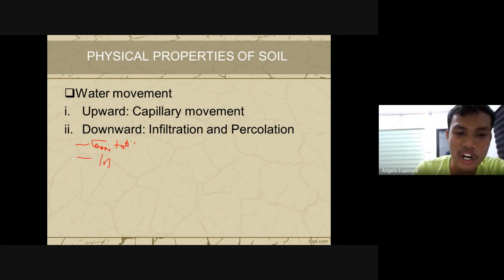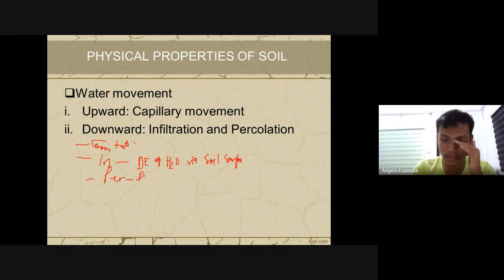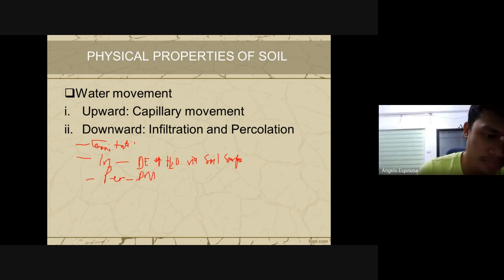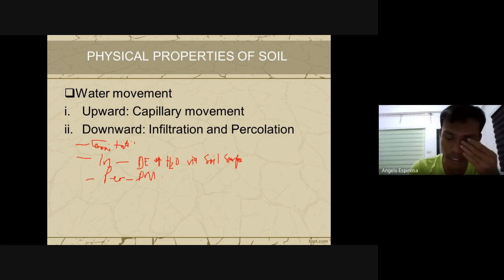And percolation naman, which means the downward movement of water through the soil.